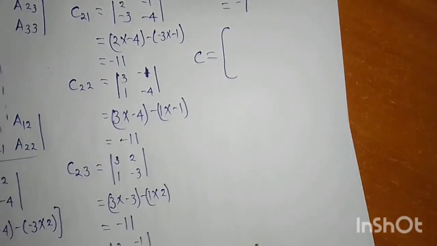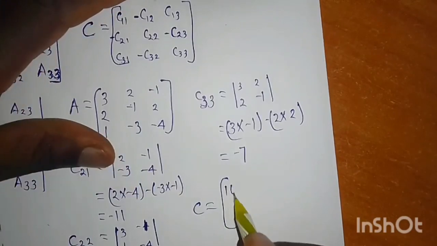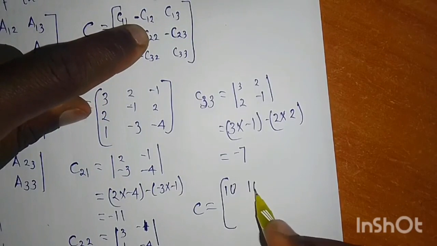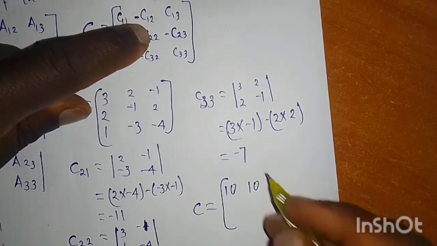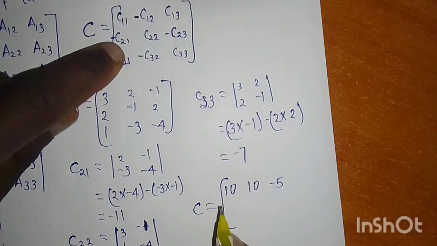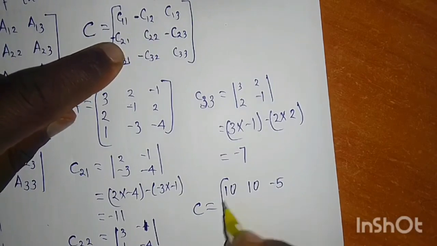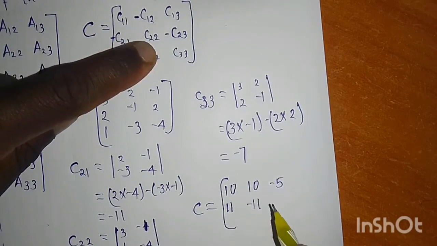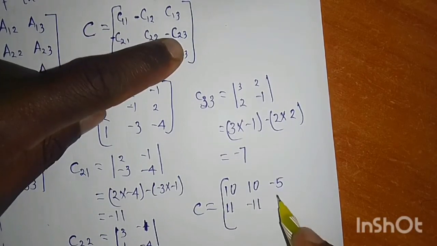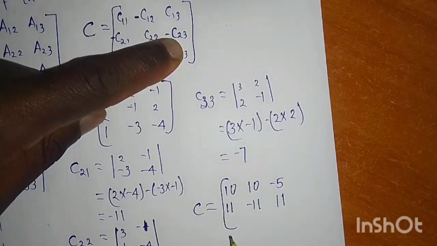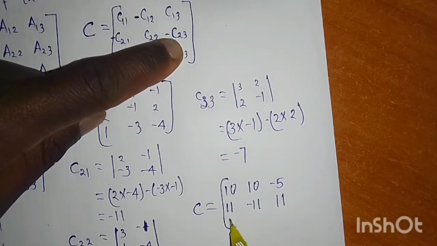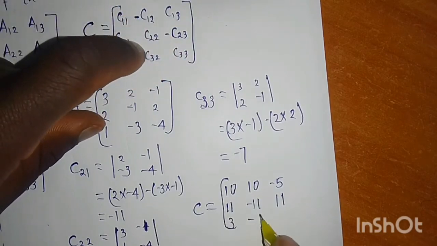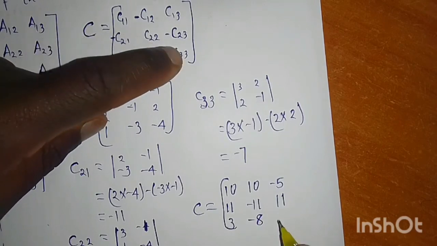C11 was 10, C12 was negative 10, C13 was minus 5, C21 will be 11, C22 will be minus 11, then C23, C31, C32 and then C33.